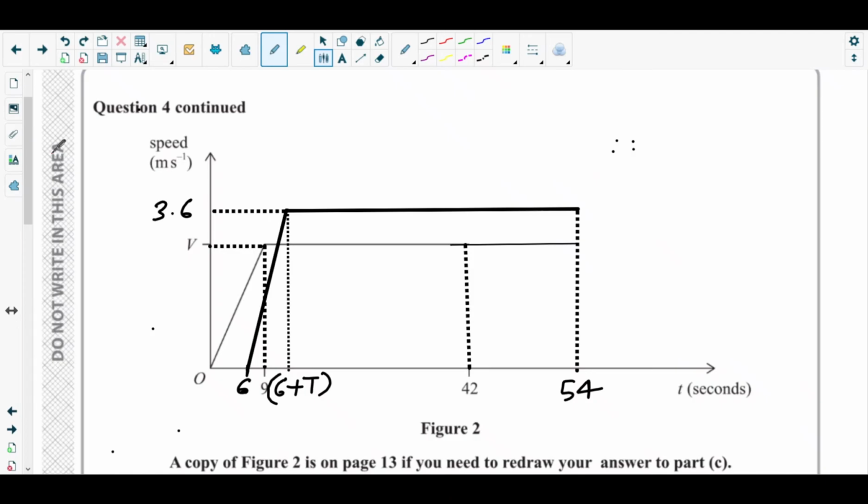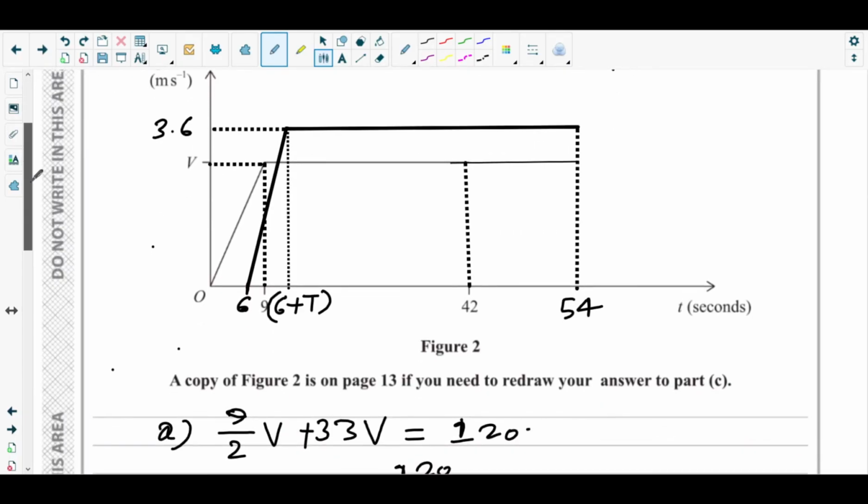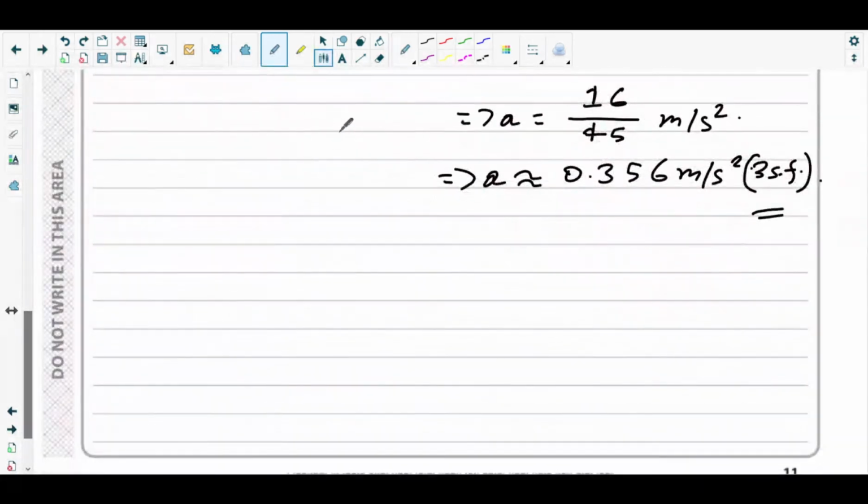Since both cyclists started from the same starting point, that is A, the total distance traveled by cyclist P in these 54 seconds, and for cyclist Q it will be 54 minus 6, which is 48 seconds, will be equal. The total distance traveled by both cyclists P and Q in this t equals 54 seconds will be equal.